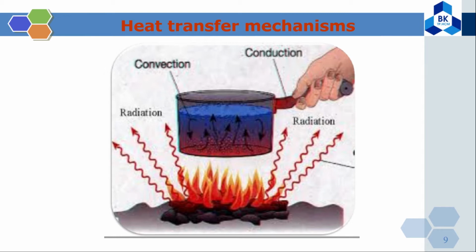The fire transfers heat through radiation, and then when it touches the pot, the water in the pot moves and transfers heat from the bottom to the top by convection. And if you use your hand to touch the pot, your hand will feel hot because of conduction from the hot pot to your hand.